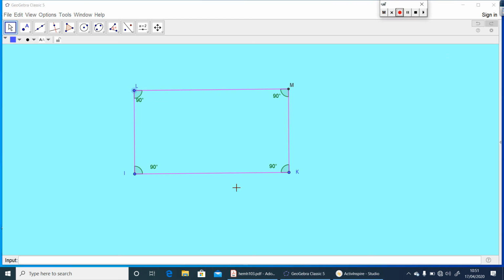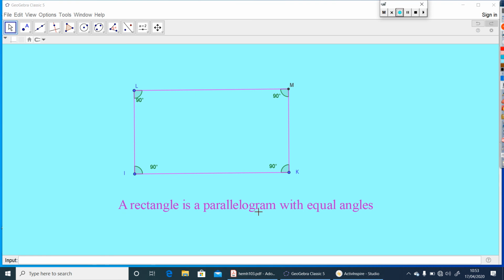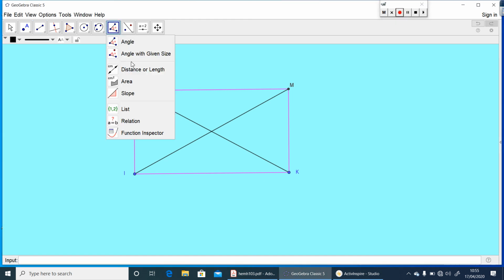Then how can we define a rectangle? A rectangle is a parallelogram with equal angles, and each angle is 90 degrees. So we can write a rectangle is a parallelogram with equal angles. Now let me draw its diagonals. Here IM and KL are the diagonals. Let me measure the length of the diagonals.